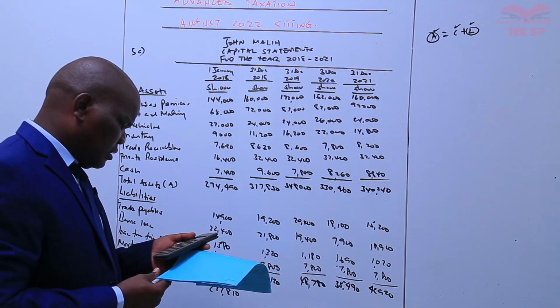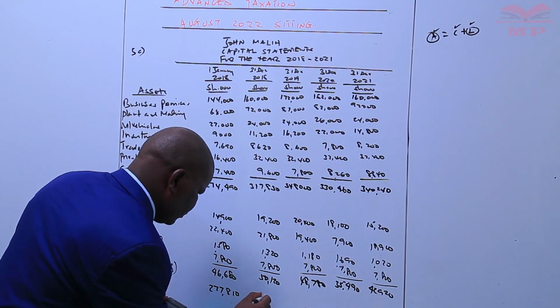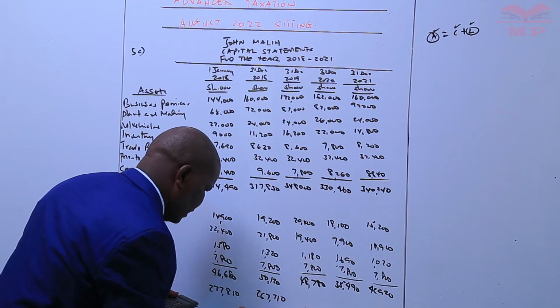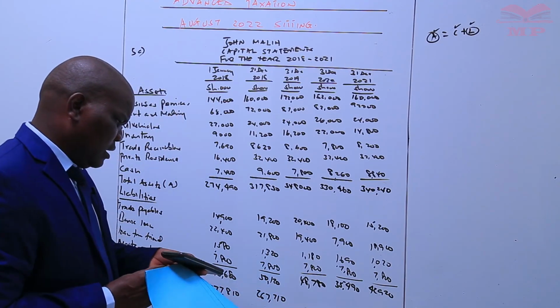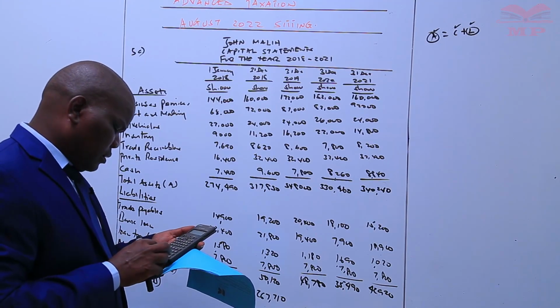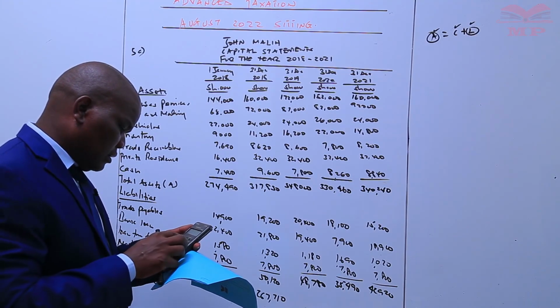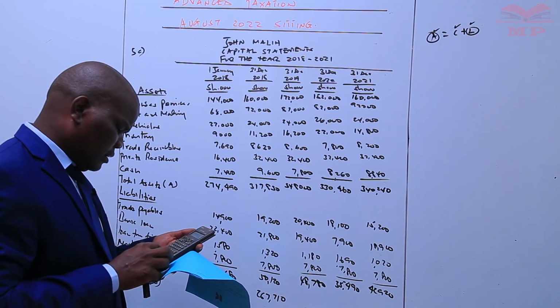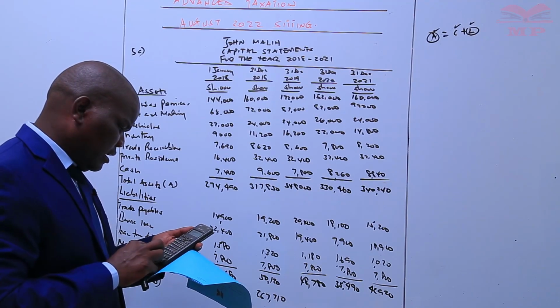I get 267,710. Next, I have 348,000 minus 48,780.